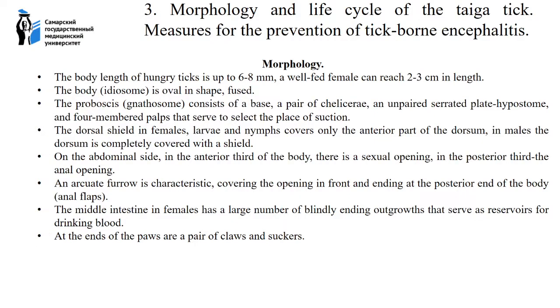The midgut in females has a large number of blindly ending outgrowths that serve as reservoirs for drinking blood. At the ends of the paws are a pair of claws and suckers.